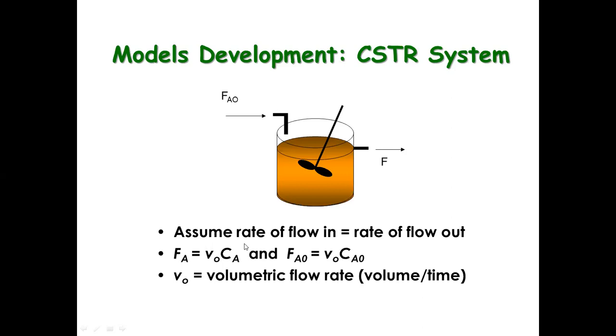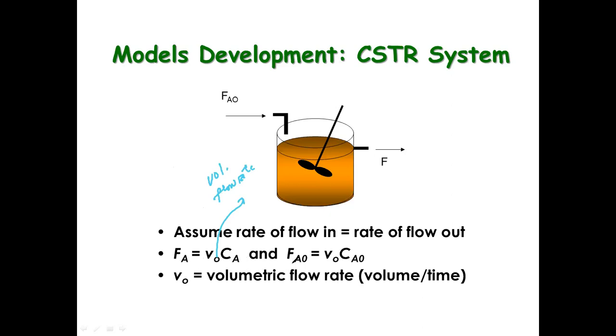This one, let me annotate. This one is volumetric flow rate. It's not initial volume. Okay, so the volumetric flow rate times the concentration of the remaining A unreacted would give you a unit which is in pound mole per unit time.